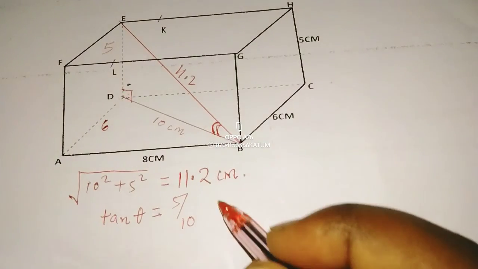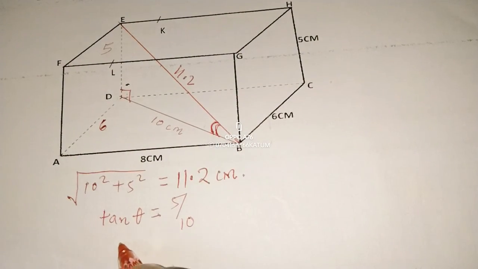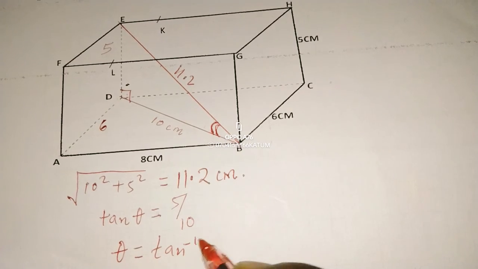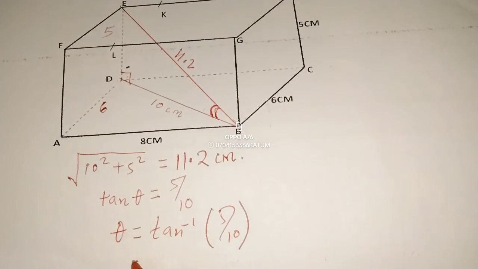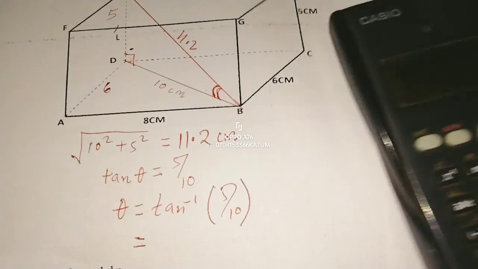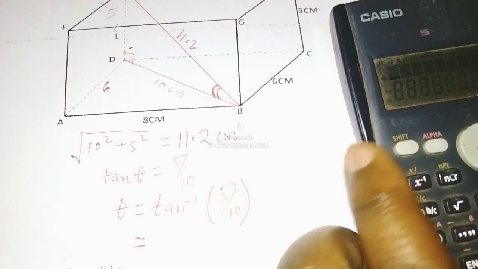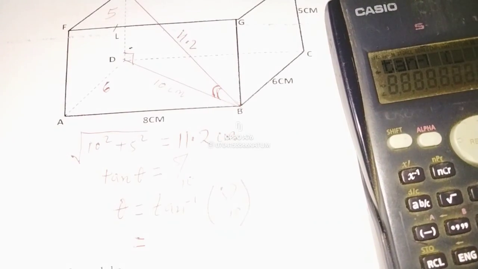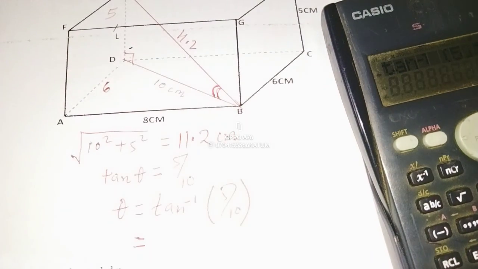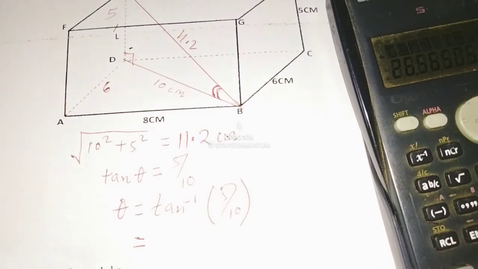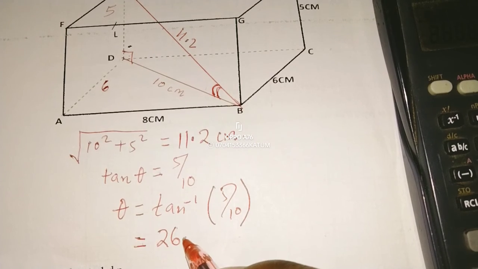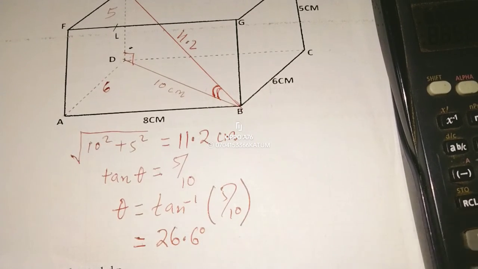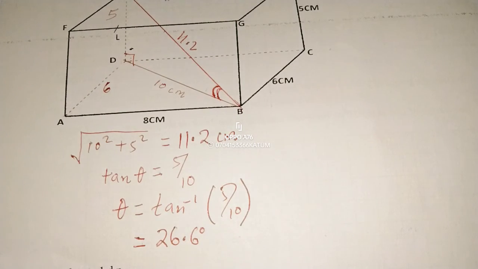And now we can say that theta is going to be the tan inverse of 5 out of 10. This is going to be 26.6 degrees. Remember, it is to one decimal place.